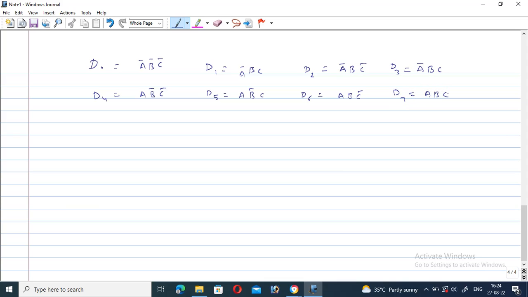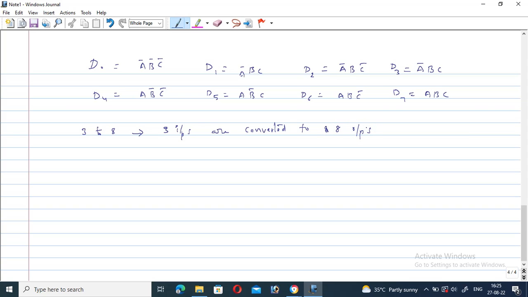Okay. The three inputs A, B and C are decoded into 8 outputs, each output representing one of the minterms of the three input variables, right? So the decoder can be used for decoding any 3-bit code to provide 8 outputs. That means it converts 3 inputs to 8 outputs, right?